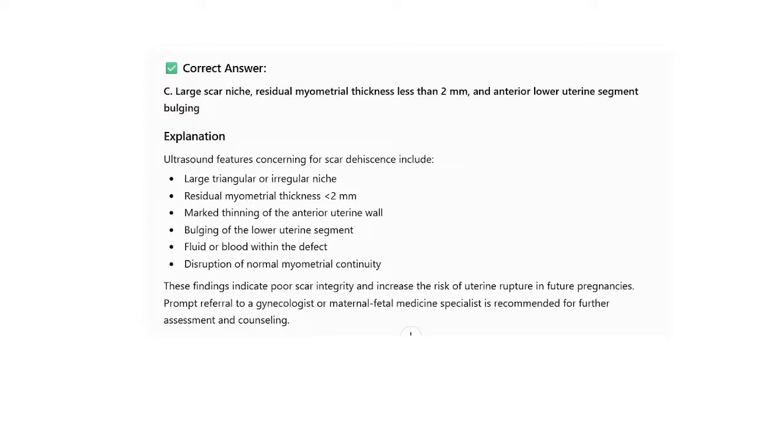So, ladies and gentlemen, this brings us to the end of our quiz session. The key learning points are: transvaginal ultrasound is the preferred modality for evaluating cesarean scar niches. Residual myometrial thickness, RMT, is the most important measurement for assessing future obstetric risks. A triangular hypoechoic defect communicating with the endometrial cavity is characteristic of an isthmocele.